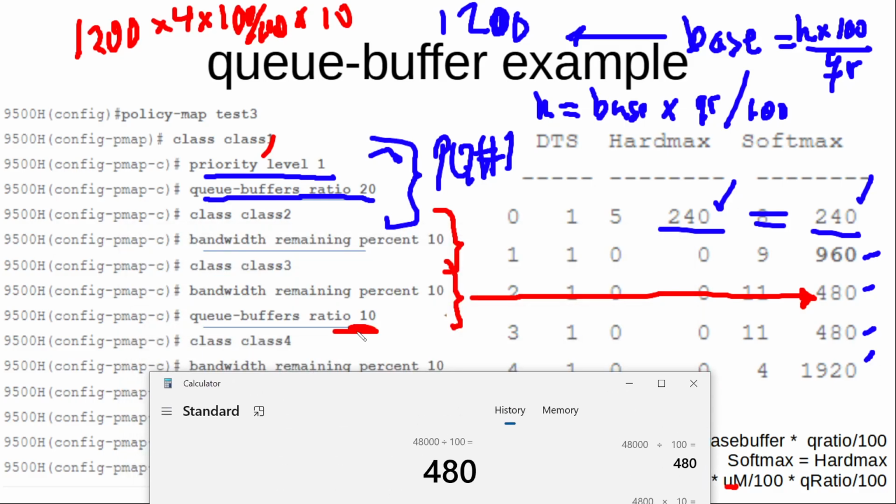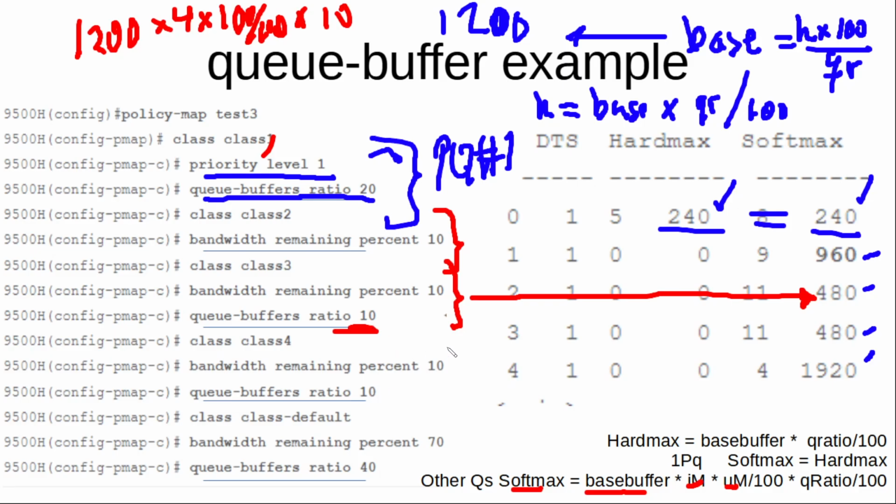This one has a ratio of 10. This other queue that belongs to class 4 also has a ratio of 10, so the same formula applies and it will give us the same result.